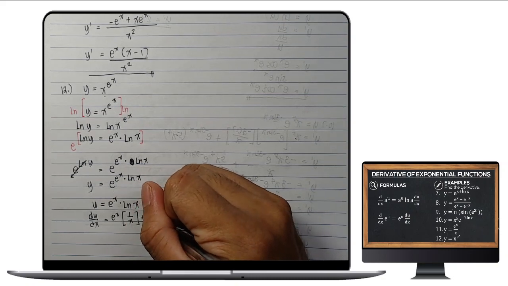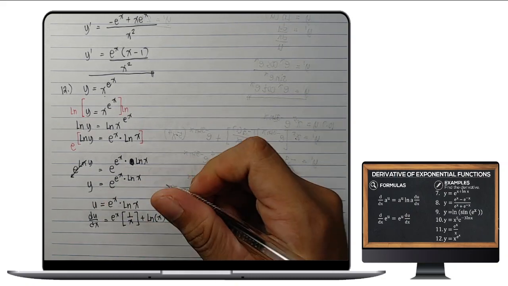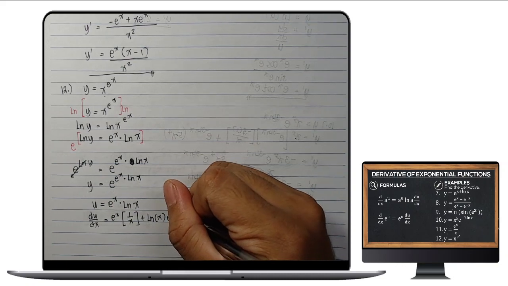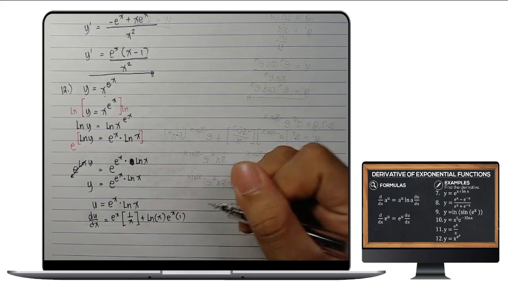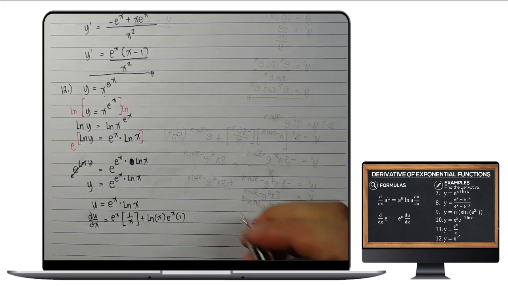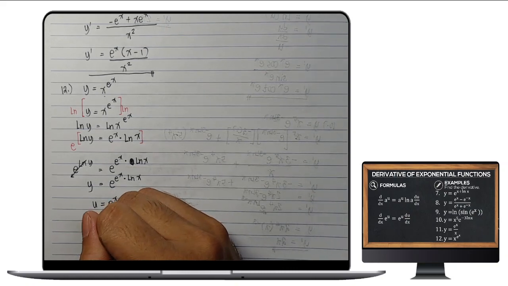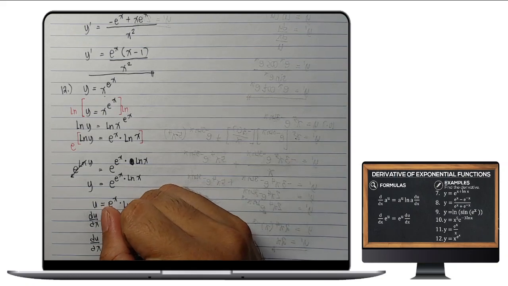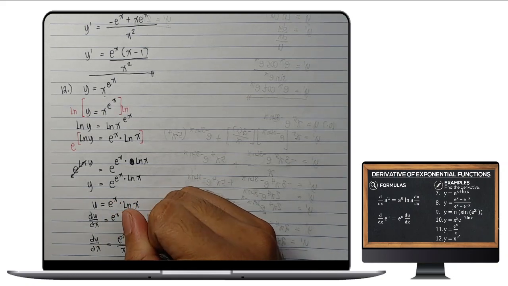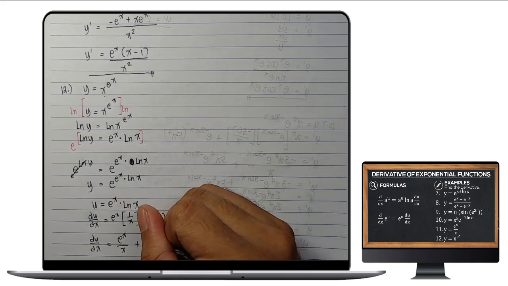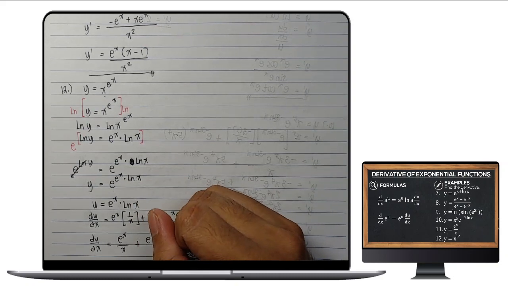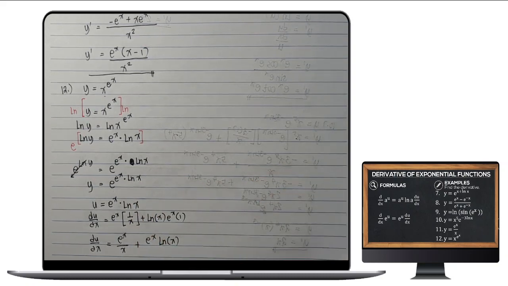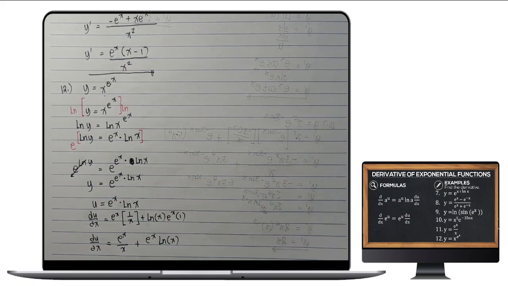Plus, copy naman si ln of x. Then derivative of e raised to x is e raised to x, derivative of x is simply 1. So simplifying this, the derivative of u with respect to x is equal to e raised to x over x plus e raised to x ln of x.